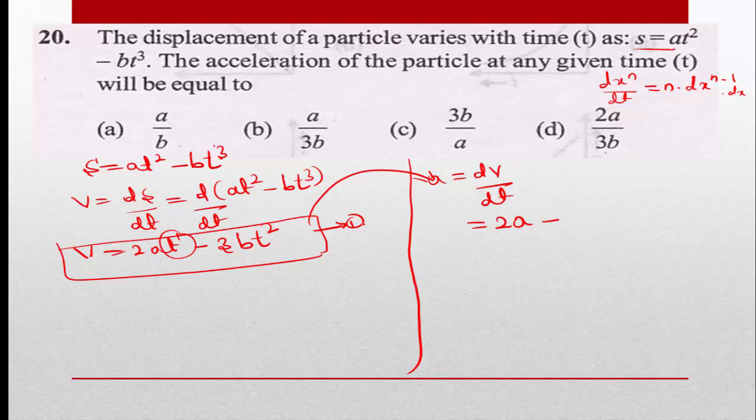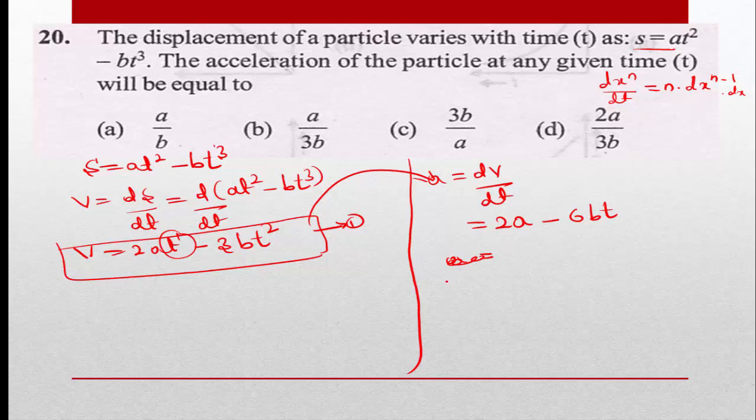2a minus, here this is the n, n means 2, 2 into 3 is 6, so 6b into t, since 2 minus 1 is 1. So a is equal to 2a minus 6b into t.